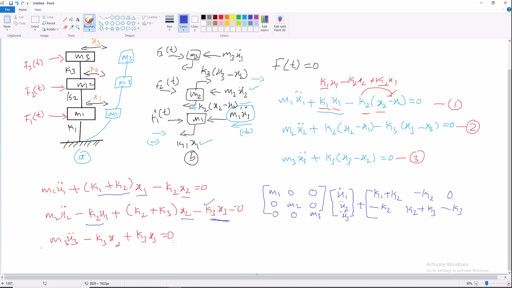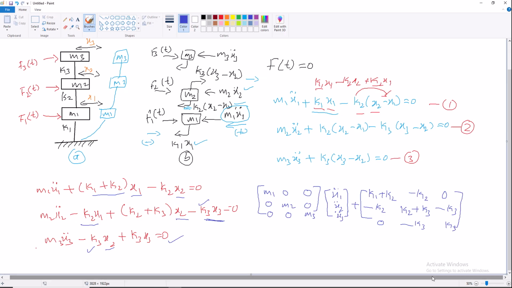In the third equation, I do not have x1, so it is 0. x2 is associated with minus k3 in the stiffness matrix, and x3 is associated with k3.